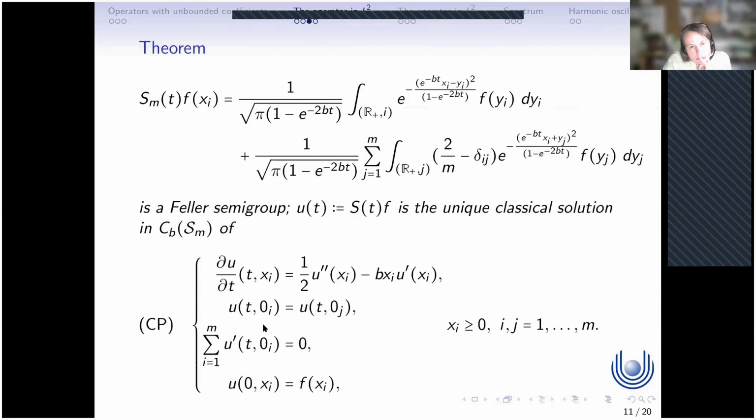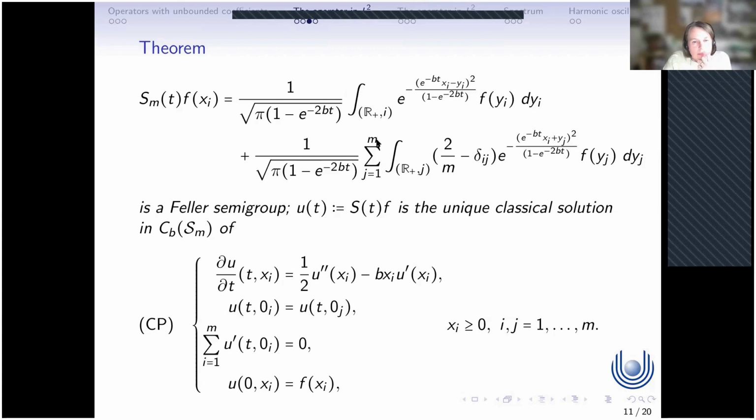So what Abdelaziz and I could prove in the case of graphs or metric stars is that we could prove a similar formula for the Ornstein-Uhlenbeck semigroup. It turns out that this is the explicit expression for the solution of this PDE on metric stars. You see, the first term is very similar to the classical Ornstein-Uhlenbeck term. It's just some kind of drifted motion along each ray of the star.